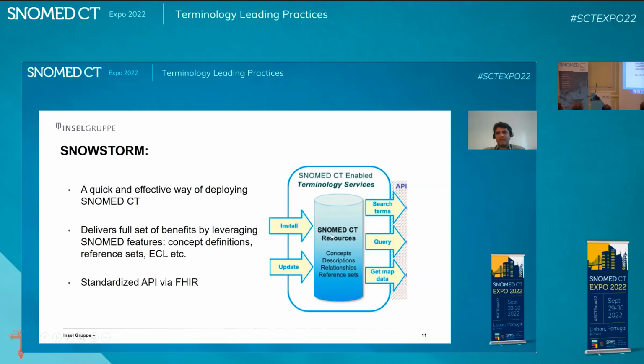You can have one server serving many different sites, as I said, and then you can have concepts, descriptions, relationships or reference sets available in the terminology server, which can be accessed by search terms or by running some queries via API, as well as having map data available. And then there is the string-based FHIR API.